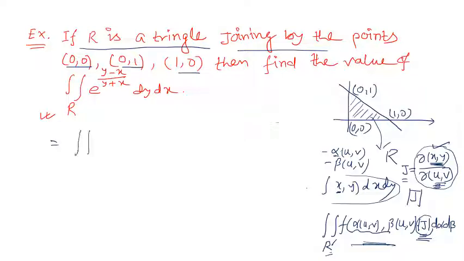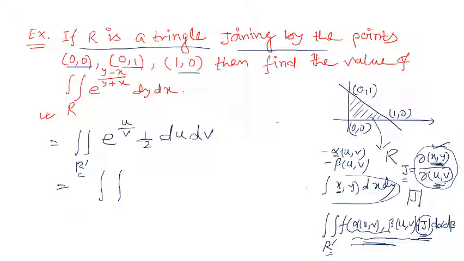So this is the integration over R. So it will be e to the power y minus x. y minus x means u, y plus x means v, and the value of the Jacobian, right? Just compare this formula, e to the power u by v, half, du dv, right? Over this region, the region has changed into R prime.